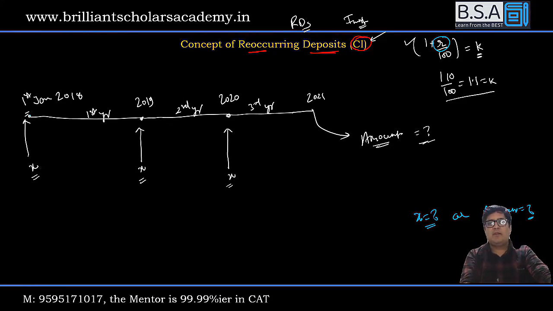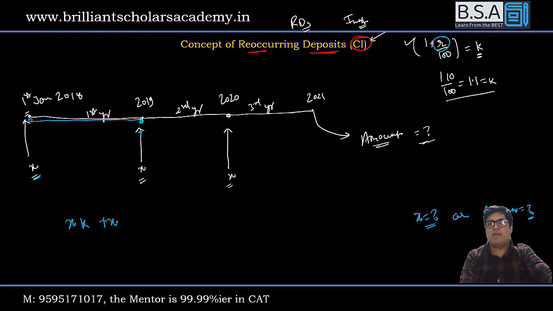When this X rupees goes into the bank, by the time it reaches here, it has generated interest for 1 year. So this X rupees becomes X into K when it reaches here. If it was, let us say, 1 lakh rupees and interest was 10%, it will become 1 lakh increased by 10%. Now at this point, another amount of X rupees is being added.